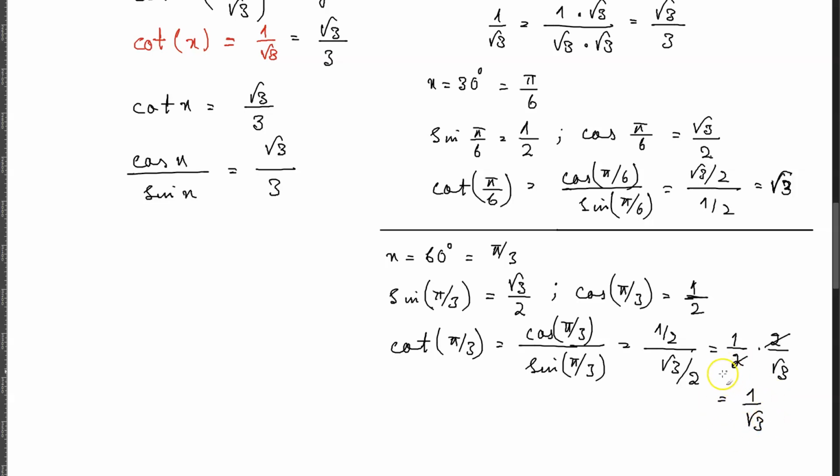Now 1 over square root of 3, as we saw over here, you can write as square root of 3 over 3, right? So that means that the cot of x is equal to square root of 3 over 3, and that is equal to the cot of pi by 3.